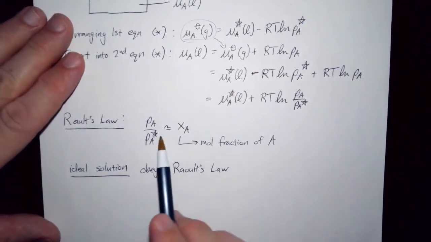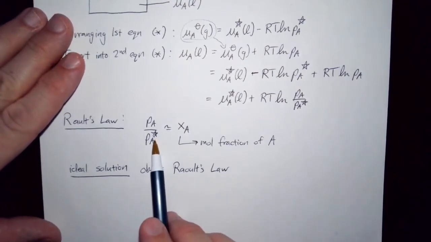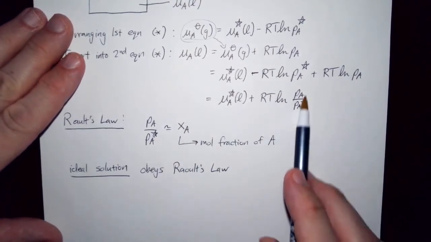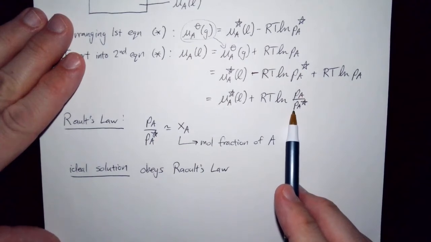But if we take Raoult's law here and put it into our formula up here, this PA over PA star just becomes XA.